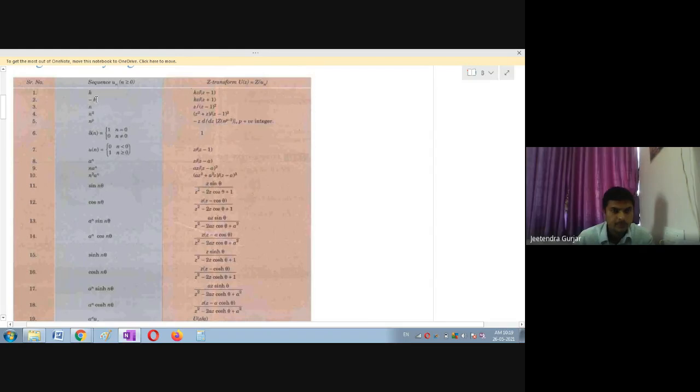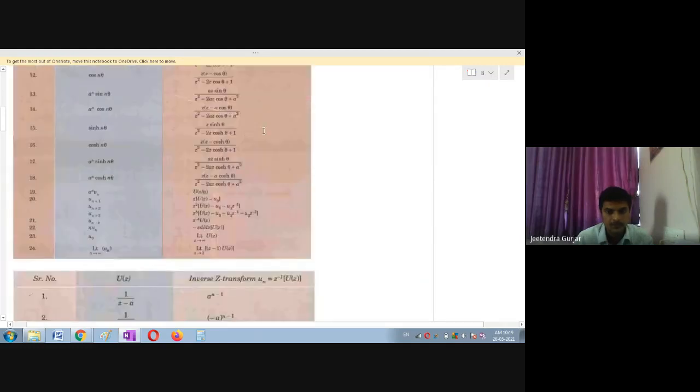Yes, this must be minus k. So this formula I will use, minus k. This is kz divided by (z plus 1) square. So z plus 1 will give you minus k, students. So what value I have to take here?